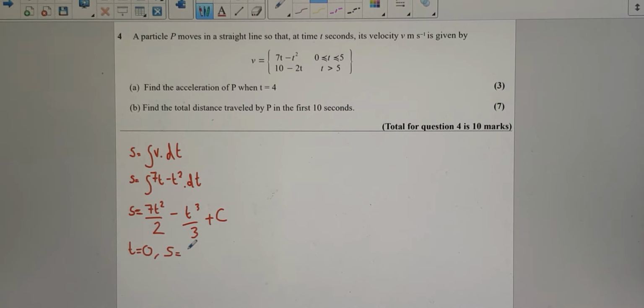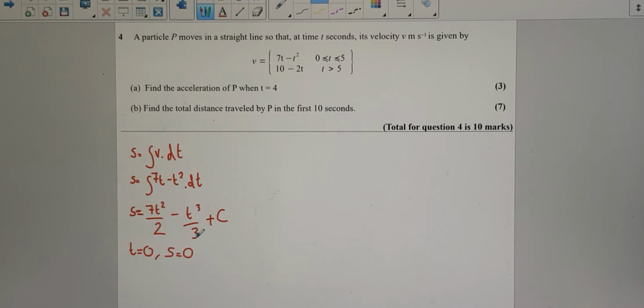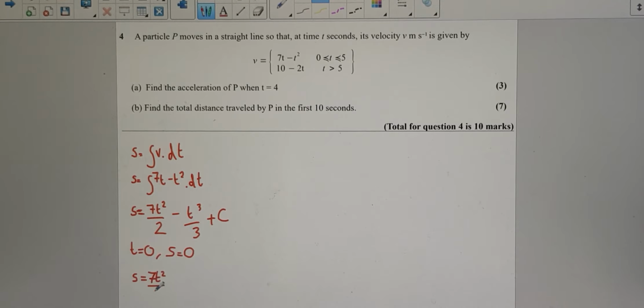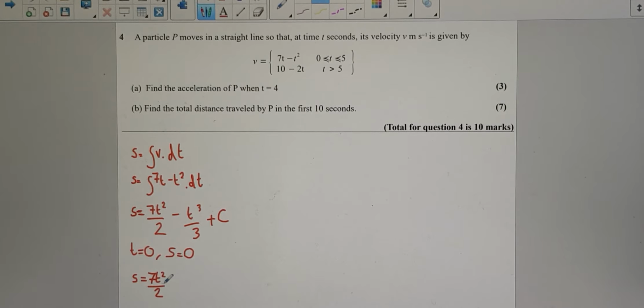So I'm just going to say that s is 0 as well. Then when I substitute those two things in, t equals 0 and s equals 0, it means that c equals 0. So in fact, the way that I can model this is s equals 7t squared over 2 minus t cubed over 3.